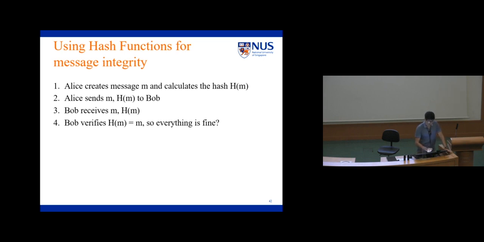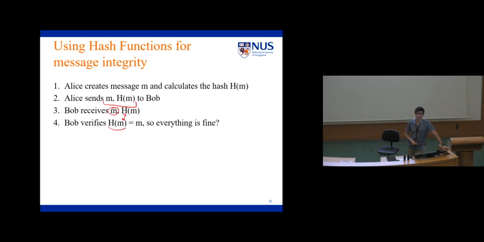Let's say Alice creates a message M and computes the hash of M, the digest. And then Alice sends both M and H of M to Bob. Bob receives both and verifies by taking the hash of this message. So Bob computes H of M and sees if it is equal to the one he received from Alice.